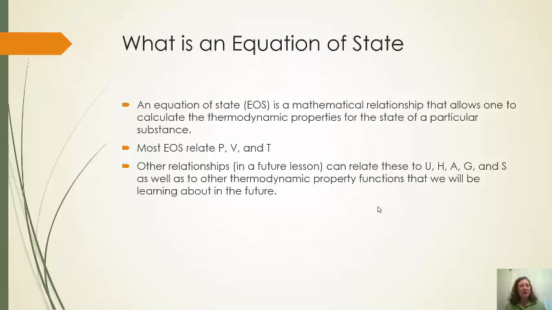But we actually can relate any of our thermodynamic properties in an equation. So we will in the future also relate U, internal energy, H, enthalpy, A, the Helmholtz energy, G, the Gibbs energy, and even S, entropy. So we will be developing a much broader sense of what an equation of state is very soon.